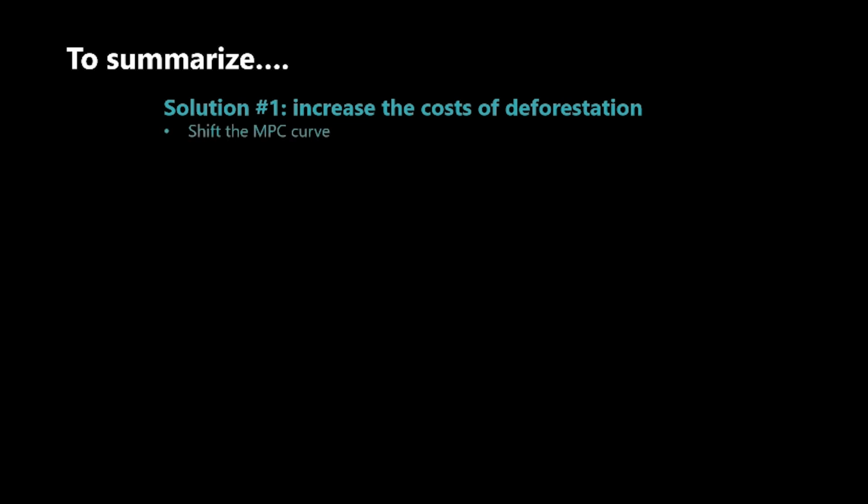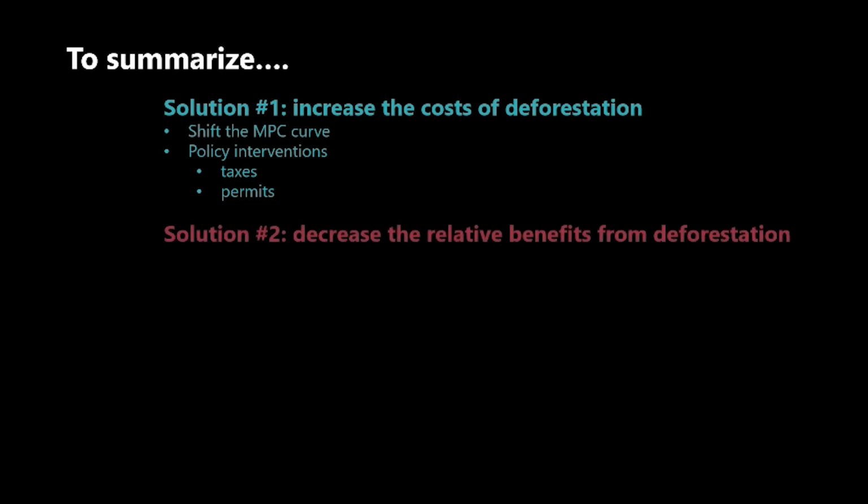So to summarize, solution number one focuses on increasing the cost of deforestation. That is, shifting the marginal private cost curve, and the policy interventions that do this include taxes and permits. Solution number two focuses on decreasing the relative benefits from deforestation, and that is shifting the marginal benefit curve.